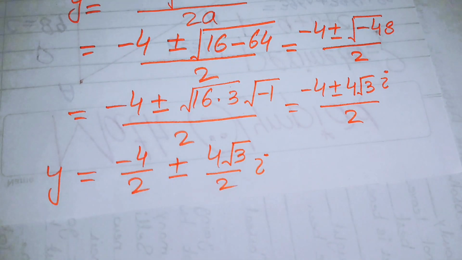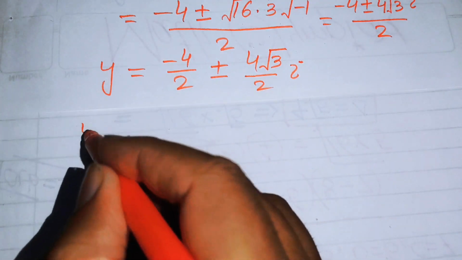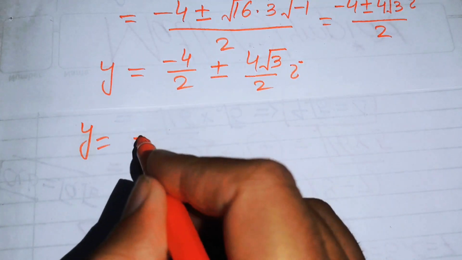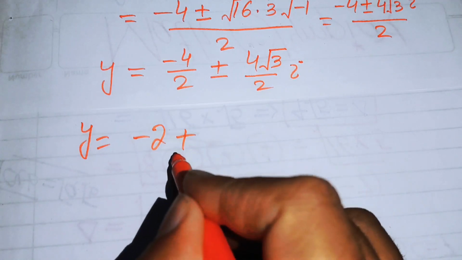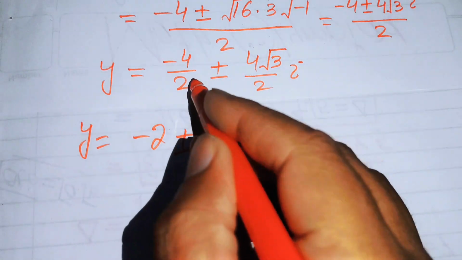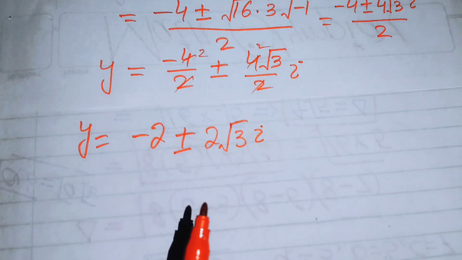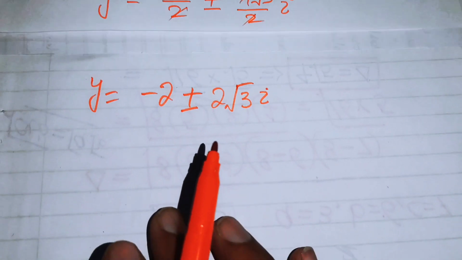So this is the value of y. Here we need some more simplification, and we write y equals minus 2 plus minus 2 times square root 3 iota, because these are cancelled by each other.